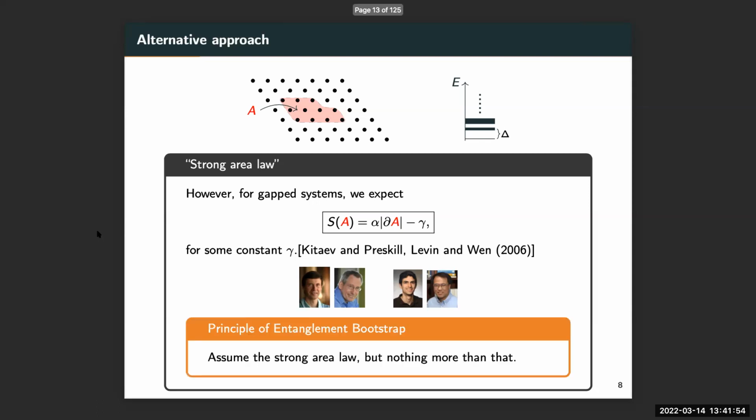So we will assume, basically the principle of entanglement bootstrap, if you may, is to assume that this formula is true, but nothing more than that. So you can sort of see why we're calling this entanglement bootstrap. You start with a single assumption, and you basically explore the logical consequences of this assumption.